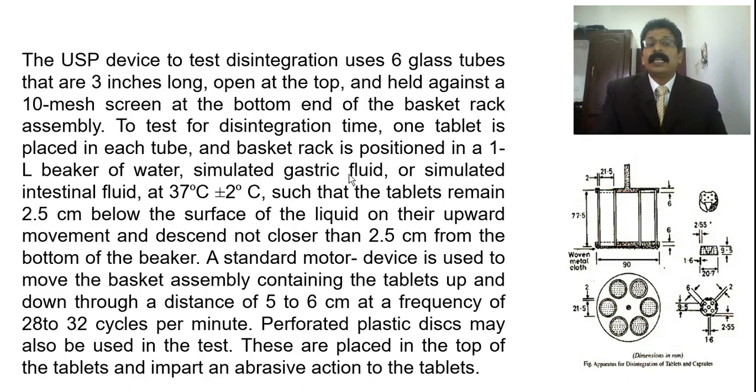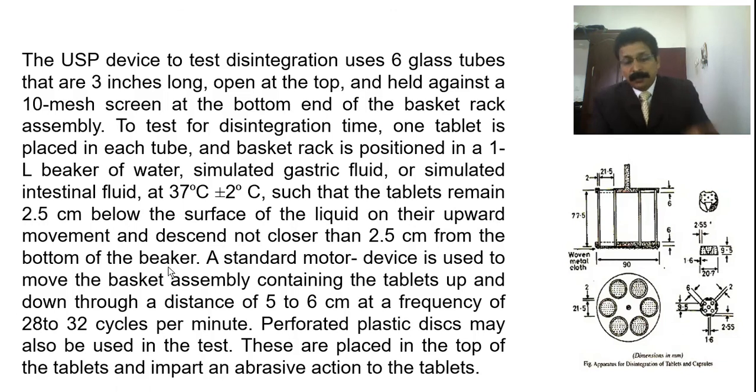The beaker contains simulated gastric fluid or simulated intestinal fluid at a temperature of 37 degrees centigrade plus or minus 2 degrees centigrade, or usually plus or minus 0.5 degrees centigrade, such that the tablet remains 2.5 centimeter below the surface of the liquid, and on their upward movement and descent does not come closer than 2.5 centimeter from the bottom of the beaker.